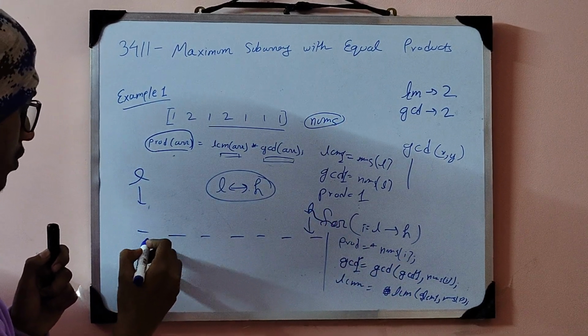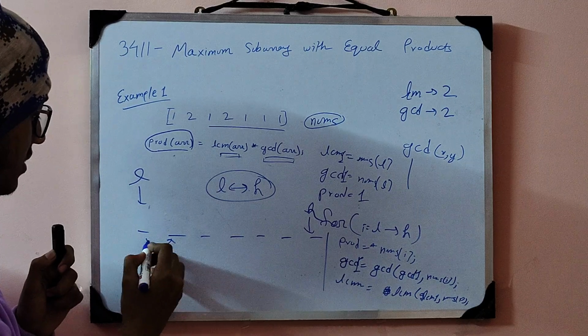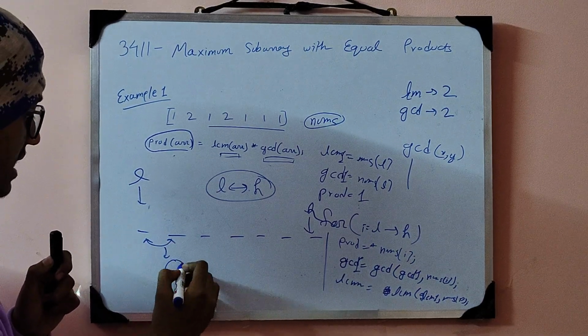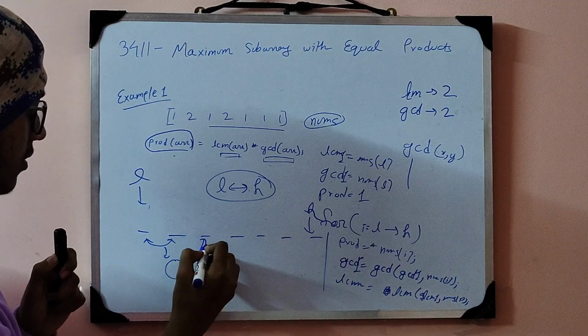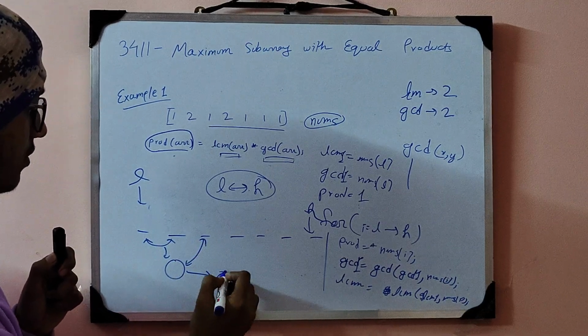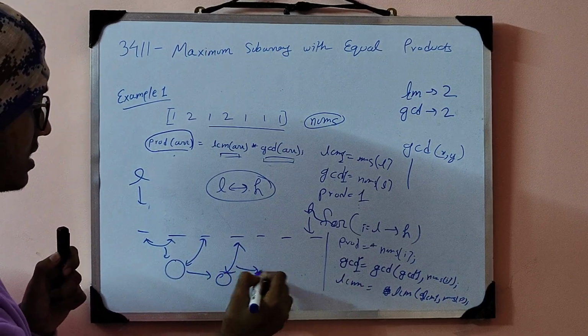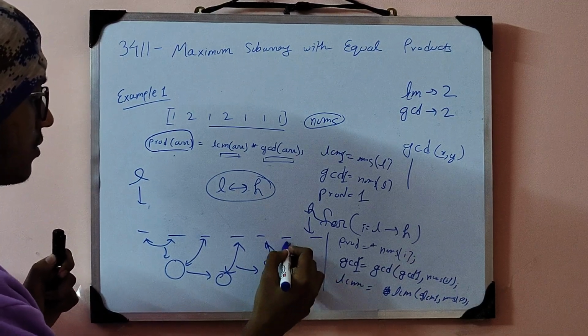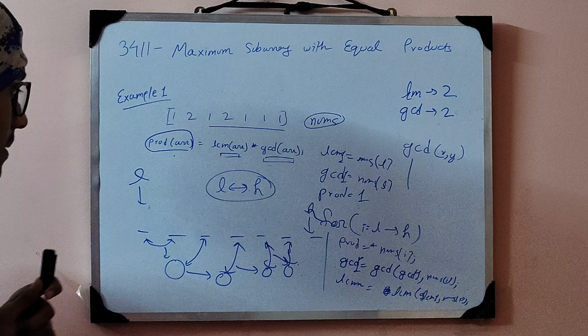First of all, we will calculate the GCD of these two, and with the answer we will get, we will calculate the GCD with the next element. With that answer, we will calculate the GCD with the next one, and what answer we get, we will calculate with the following one.